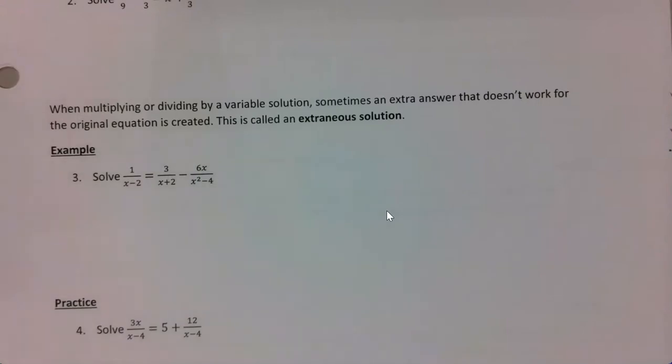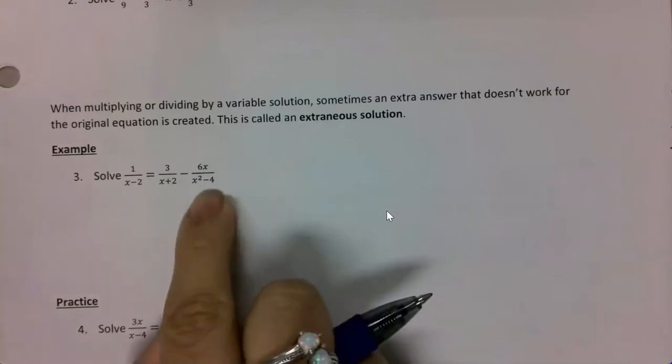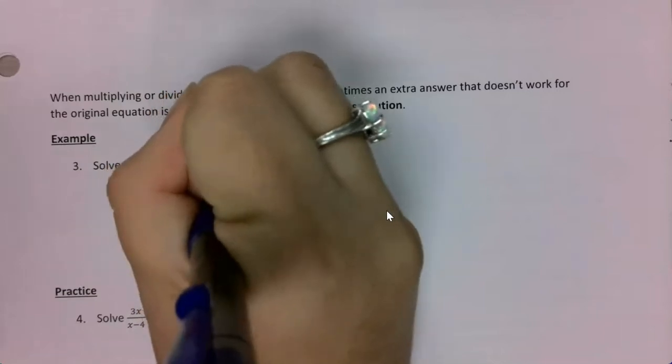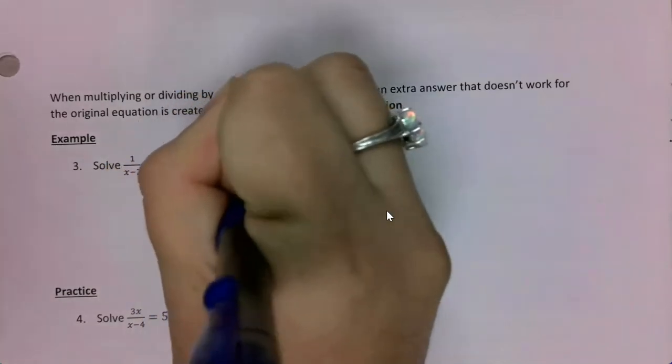So number 3 wants me to solve this, but before I can, I need to factor the x squared minus 4. That factors to x plus 2 times x minus 2.